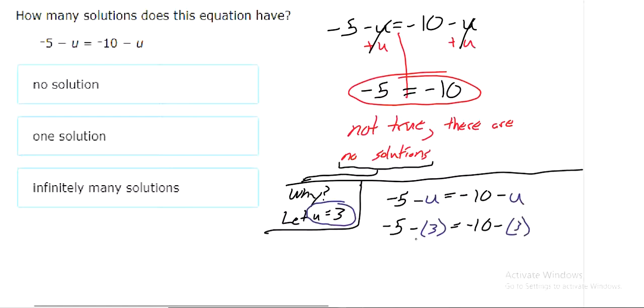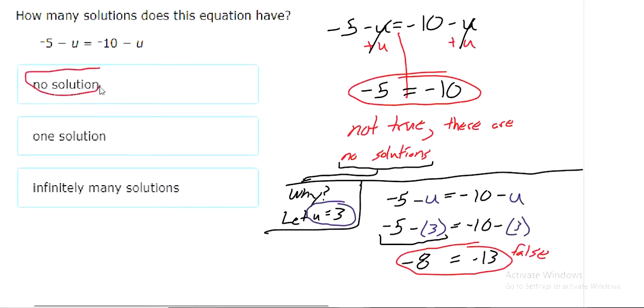Well, if I tried testing 3 as a solution, negative 5 minus 3 would give me negative 8. Negative 10 minus 3 would give me negative 13. So that's false. That's why there are no solutions.